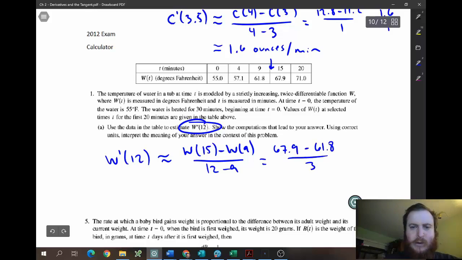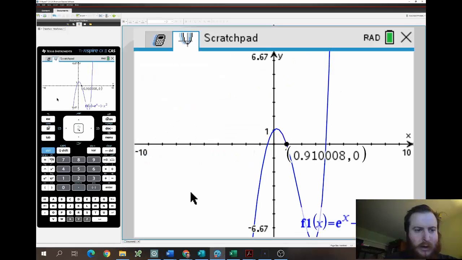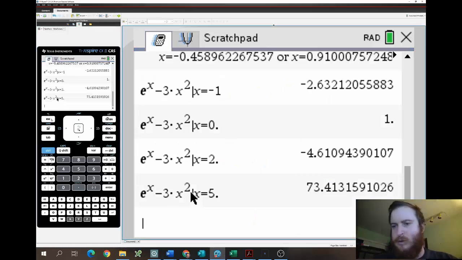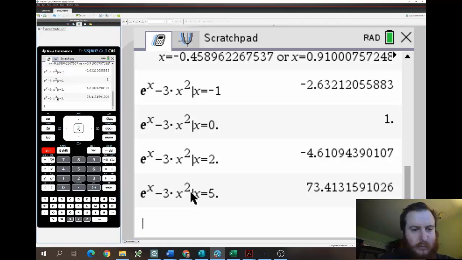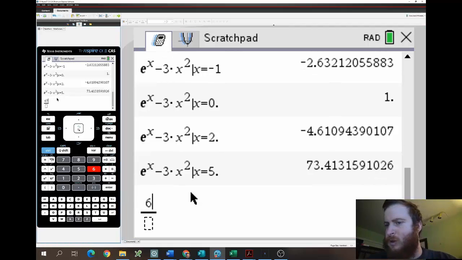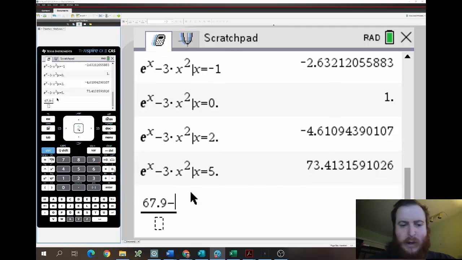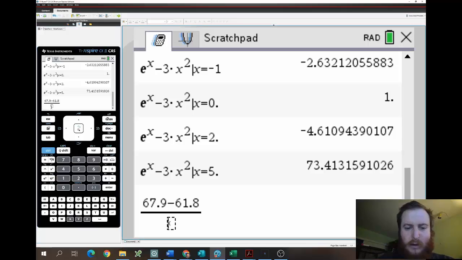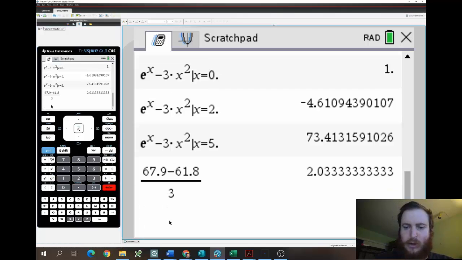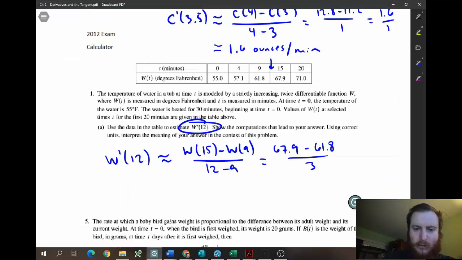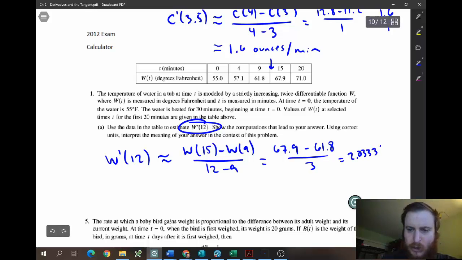And this is a calculator question, so we can do that on our calculator. 67.9 minus 61.8 over 3, or you could even put 12 minus 9. You get 2.03 repeating. And our units will be degrees Fahrenheit per minute.